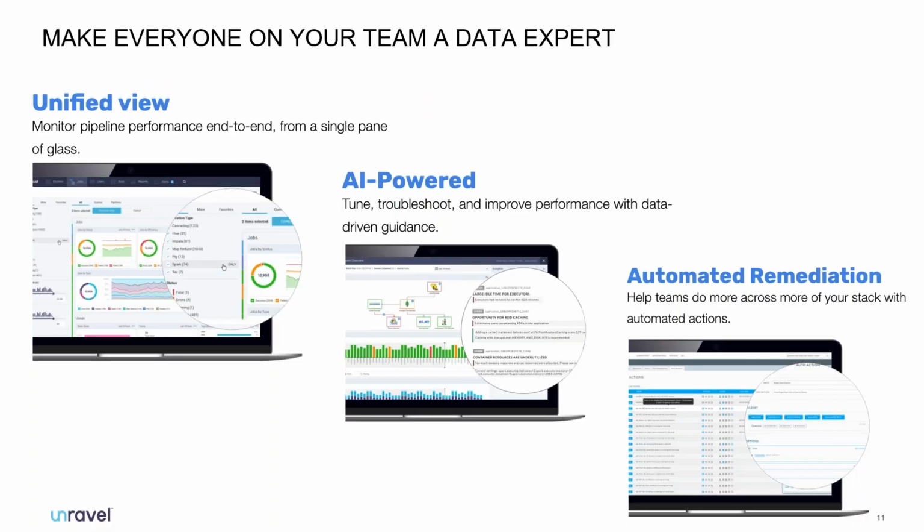So the Unravel solution. Our aim is to make everyone in your data team an expert in data operations analytics. So we provide a unified view for all of your data pipelines from end to end, providing a single pane of glass for all your data operations needs.